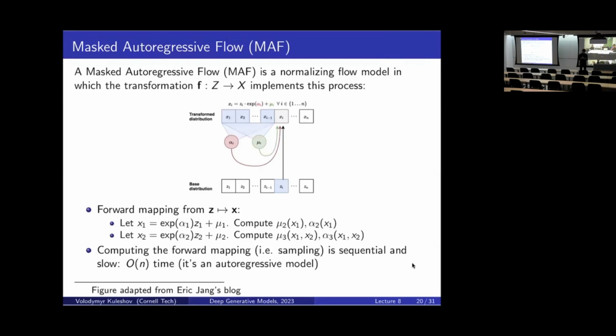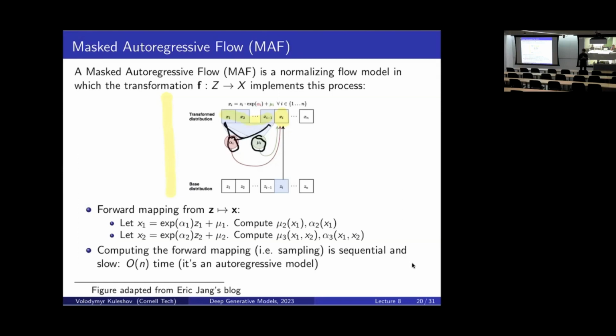And you can also visualize what happens using this figure. So here we are computing the ith component of x, xi. Once we're at the ith component, we have generated the previous i-1 components, which are here. And given these i-1 components, we can compute a mu and an alpha, right?